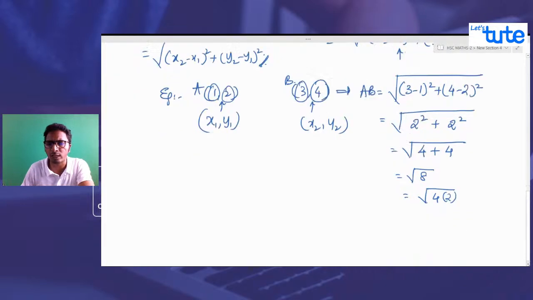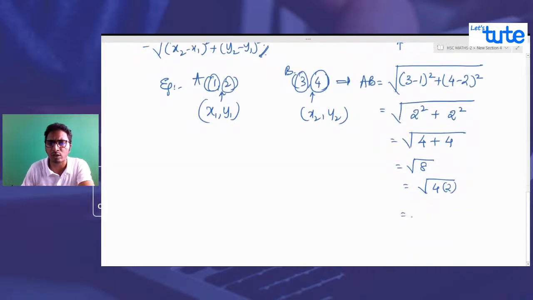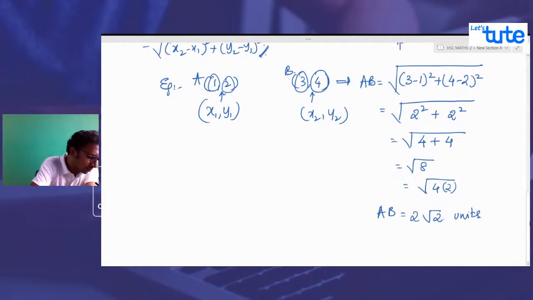Since 4 is a perfect square, it will come out of the square root and it will be 2 root 2. So therefore the length of AB is 2 root 2 units. So this is how we can find the distance between two points with the help of the formula, correct? Okay, let's have some more questions.